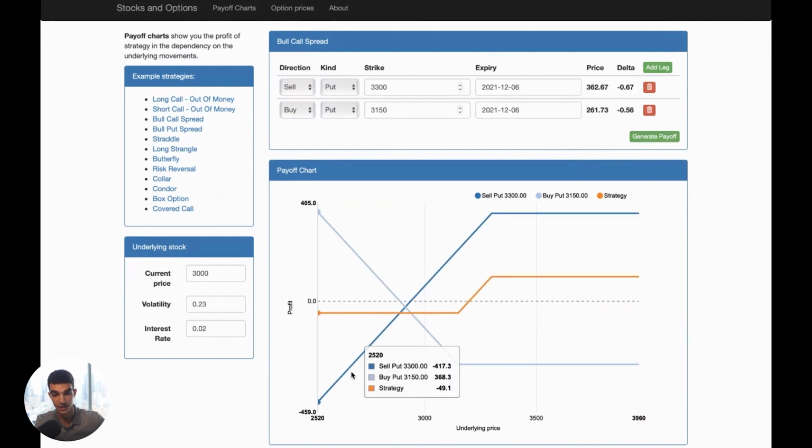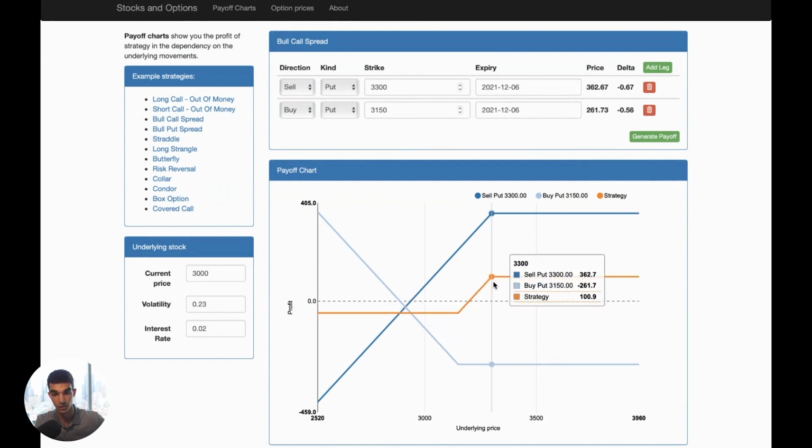Now notice that this is similar to a bull call spread, but we are constructing it using put options instead of call options. Now, in both cases, since they have the same payoff, this combination of puts should cost exactly the same as the combination of calls because they have the same payoff and there's no arbitrage in the markets.